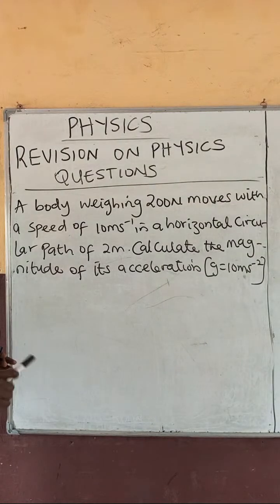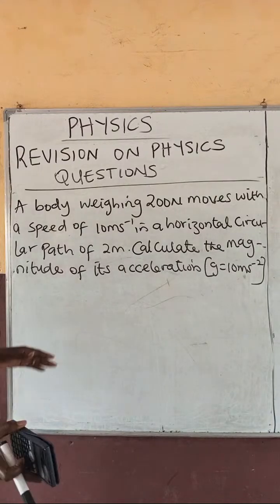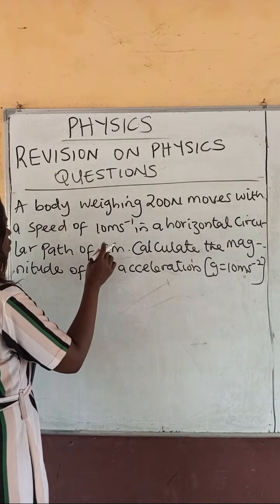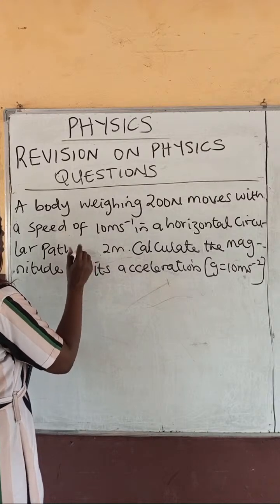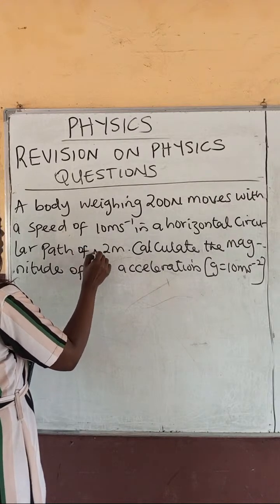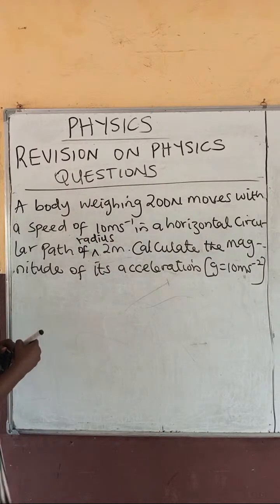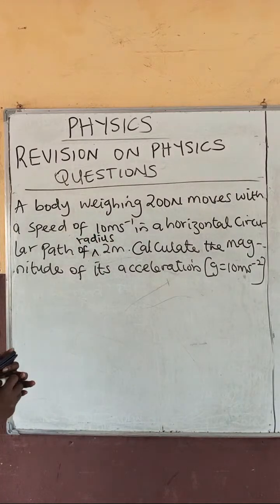A body weighing 200 Newton moves with a speed of 10 meters per second in a horizontal circular path of radius 2 meters. Calculate the magnitude of its acceleration, and we are giving g to be 10 meters per second square.